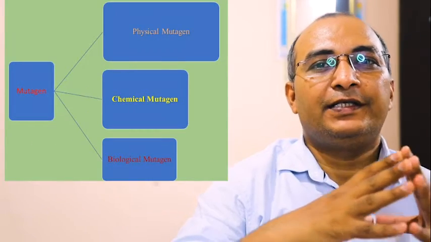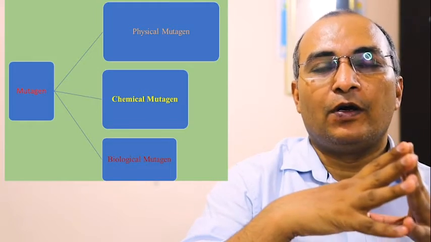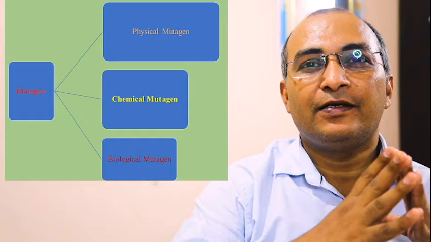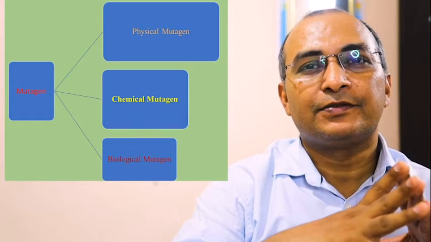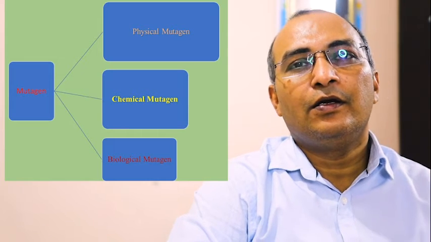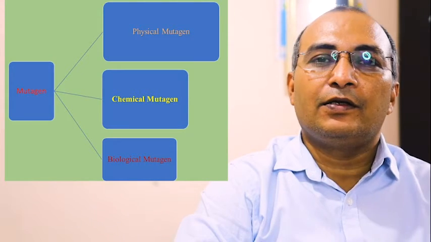Now, the second type of mutagen, which is chemical mutagen, is the broadest mutagen that incorporates so many chemicals which are capable of causing mutation.